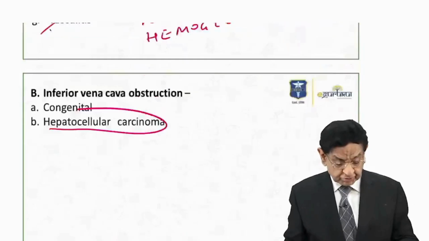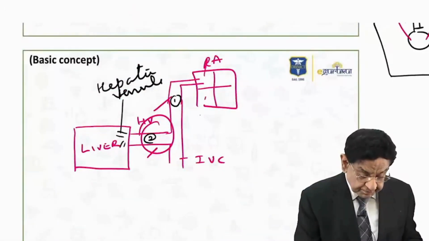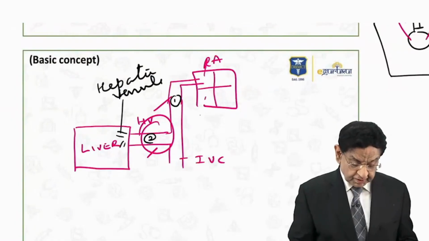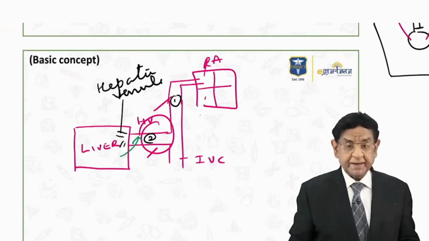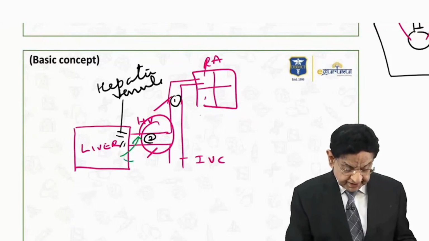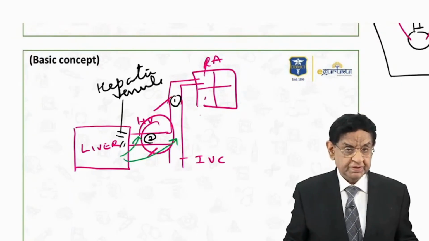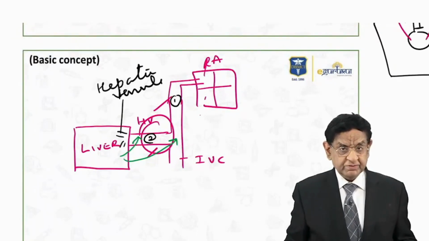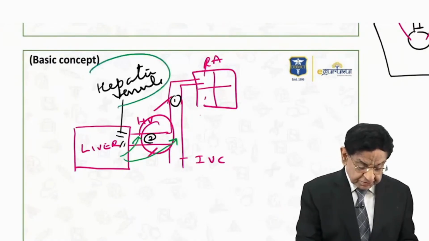Again we go back to basic. So what I told you just now, that hepatocellular carcinoma, this liver cancer can invade hepatic vein. This liver cancer can even invade inferior vena cava also. Okay. Now, so we learned about two places. Now, there are hepatic venules.